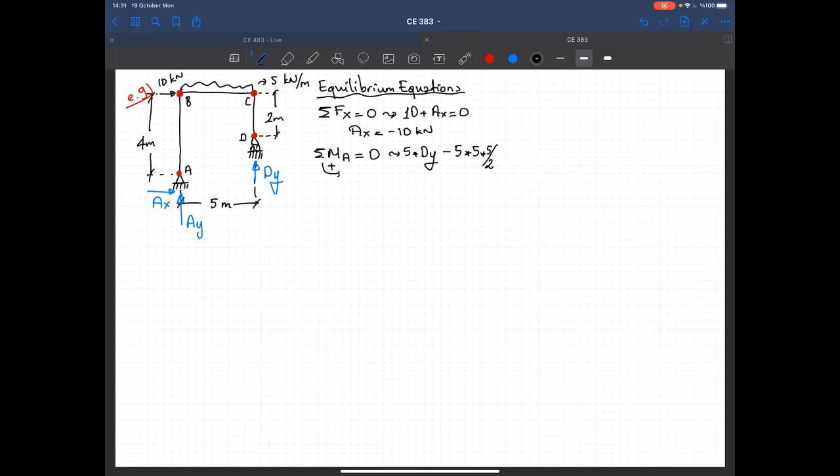And we also have this point load here, and it will create again a negative moment. So I got minus 4 times 10, 4 being the moment arm. And from that equation, I obtain dy as equal to 20.5 kilonewtons.